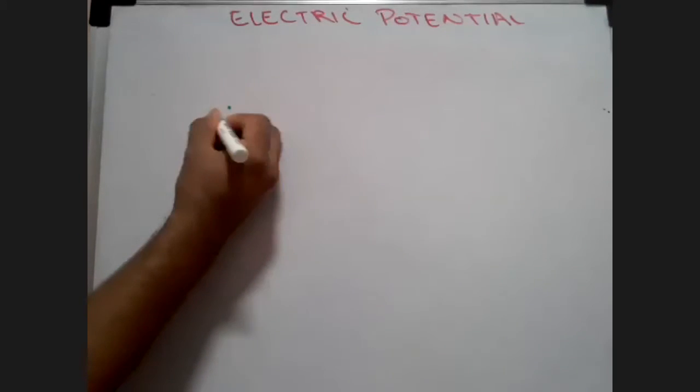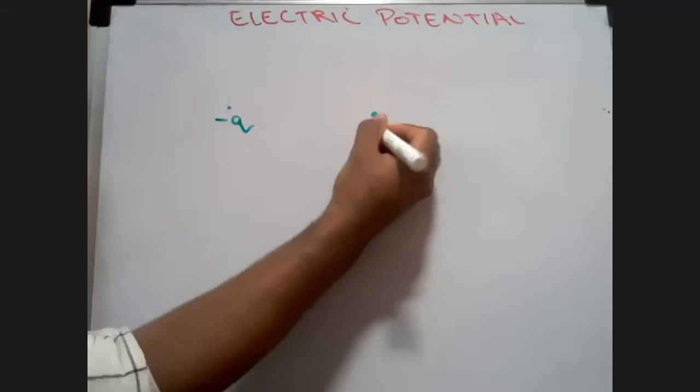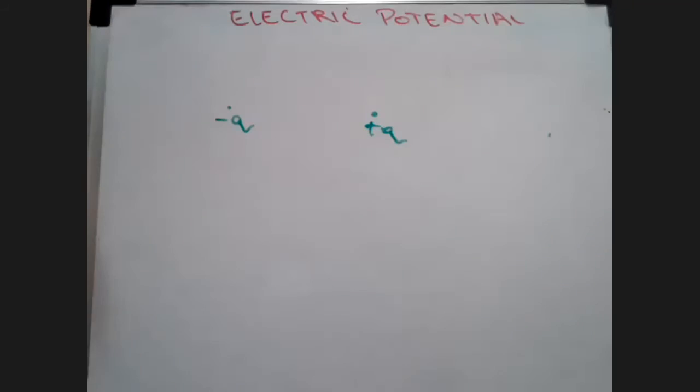I take a dipole here, minus q, and plus q over here, and there is a charge at a certain distance from the electric dipole in the end on position. Listen to the entire question: a charge is situated at a certain distance from the electric dipole in the end on position. It experiences a force F.